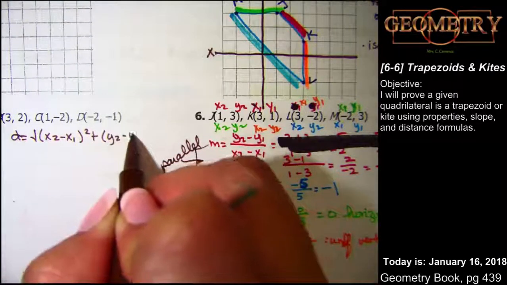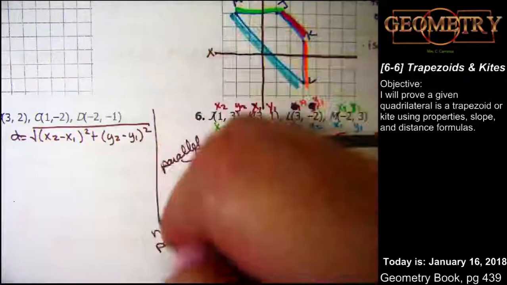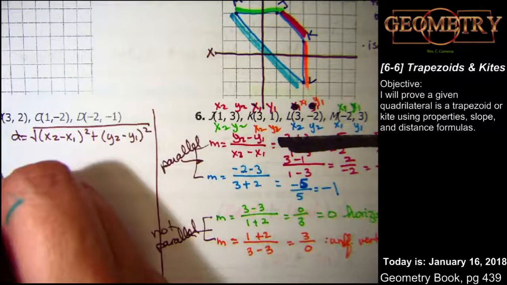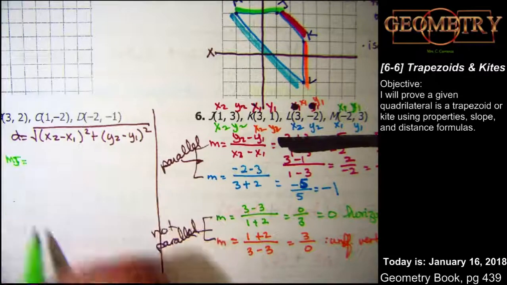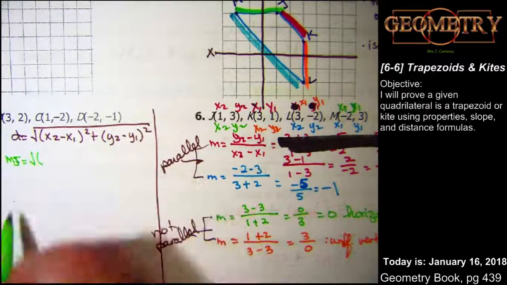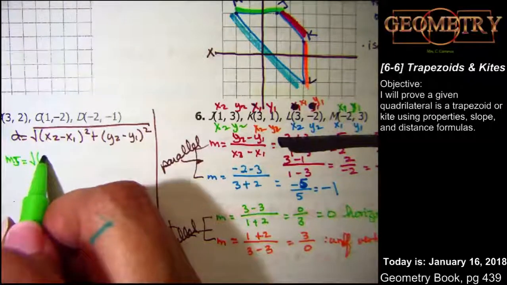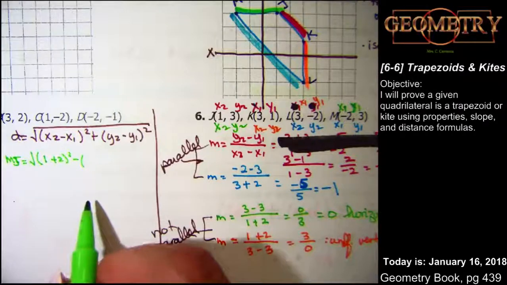Hashtag sarcasm, guys. I really don't like this formula. Not because it's hard, but because it's easy to get lost in. And as I got so lost on slope earlier, I'm scared. Okay, one leg is ML. Wait, MJ, never mind. Okay, MJ. Here I go. M and J. I'm so nervous I'm going to mess up.